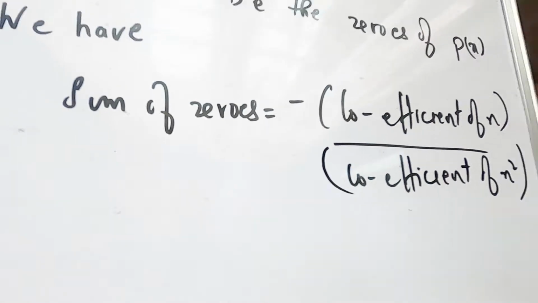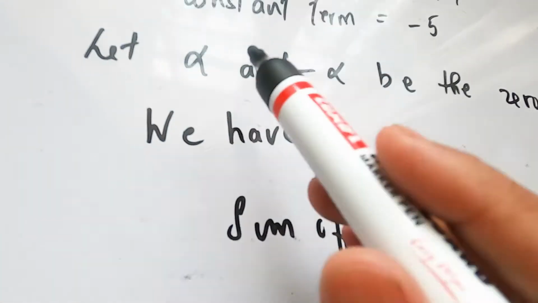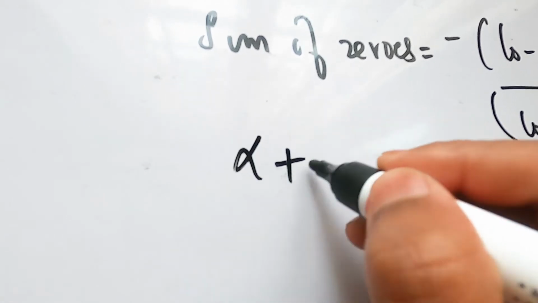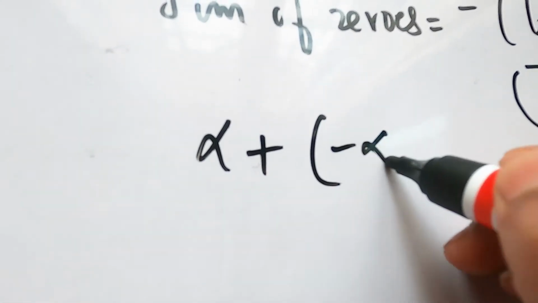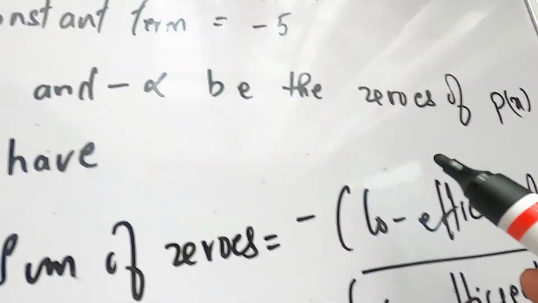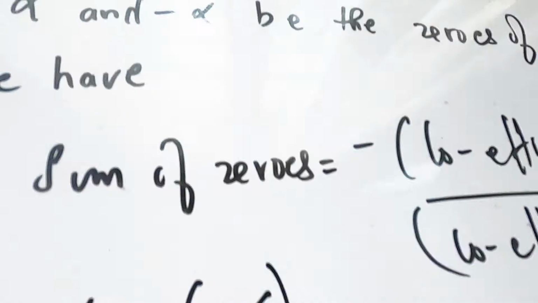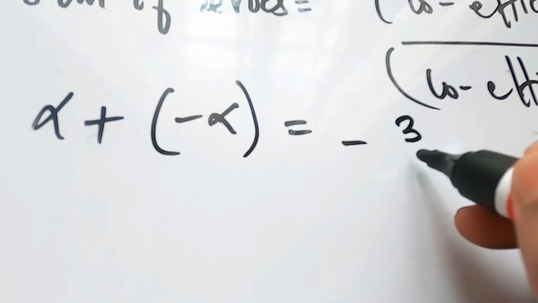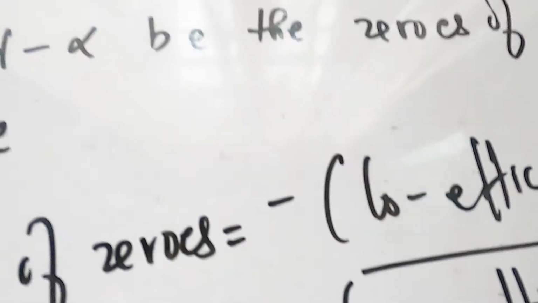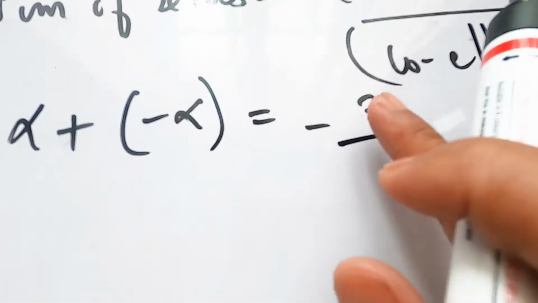All right. So in this case, the sum of zeros will be alpha plus minus alpha, so it will be alpha plus minus alpha is equal to minus coefficient of x.